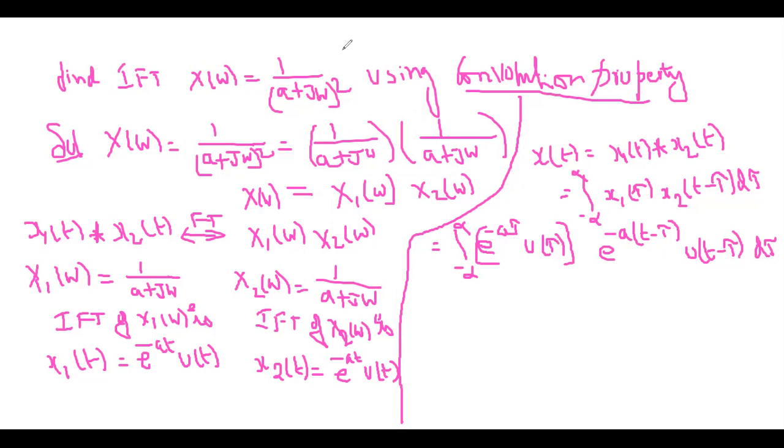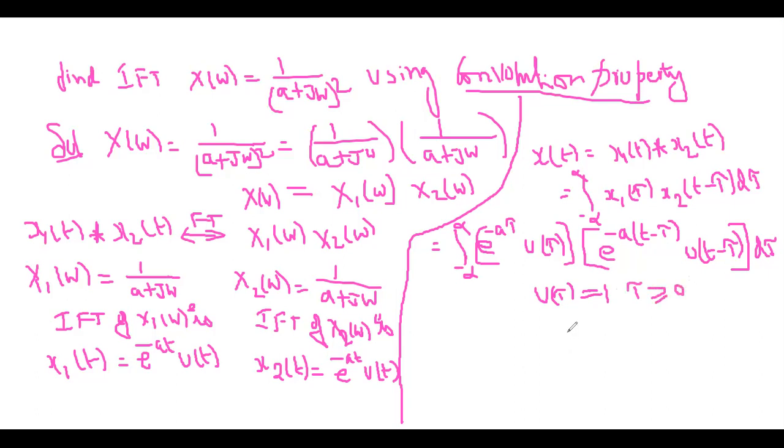Minus a into tau, so x2 of t minus tau. So what is the mu of tau? Mu of tau is equal to 1 for tau greater than or equal to 0.